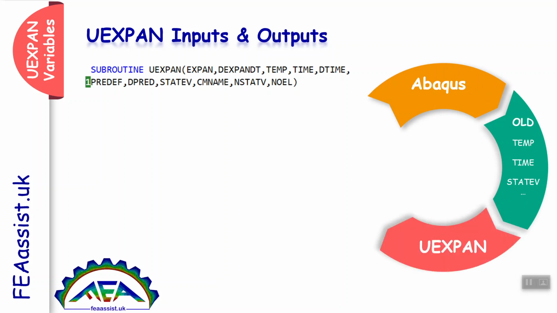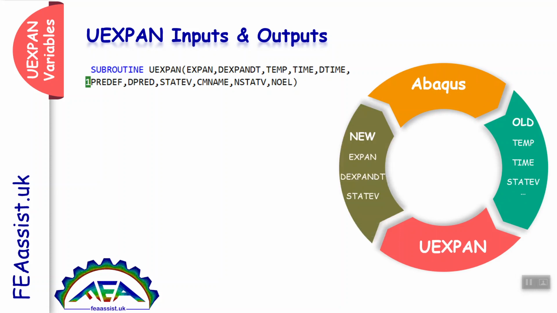We need to use these variables in the UXpan subroutine and define the expansion coefficient and the derivative of the expansion coefficient with respect to time, temperature, and state variables, and return these variables to Abaqus.